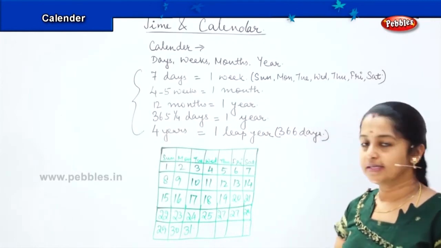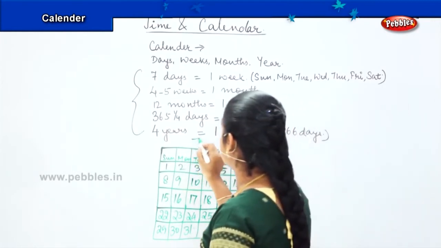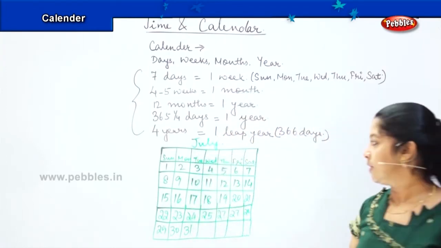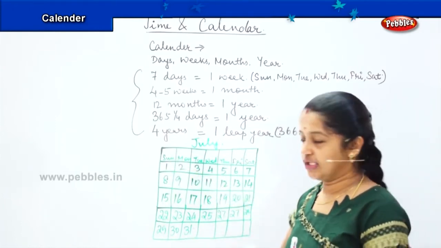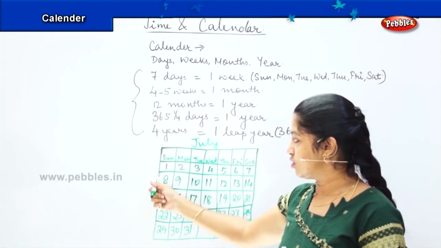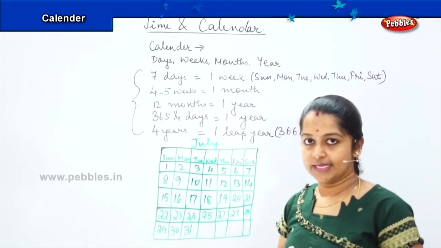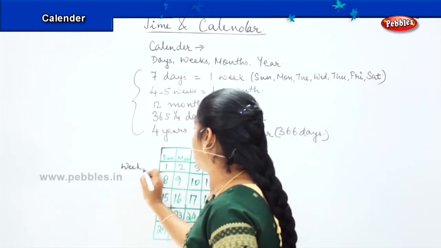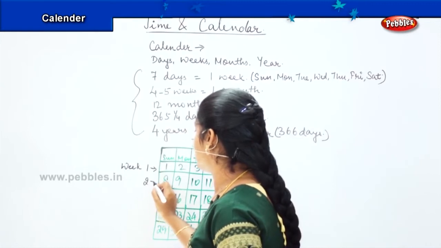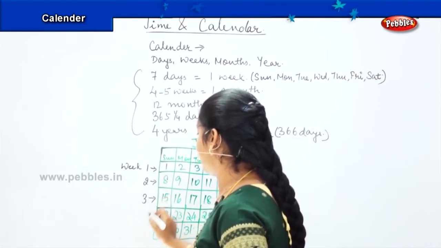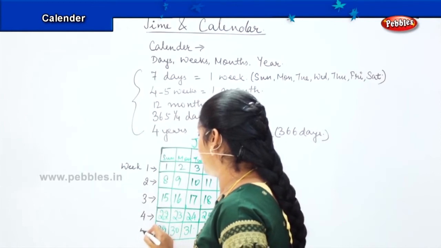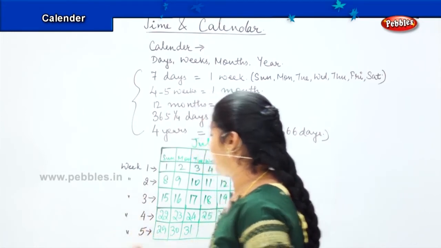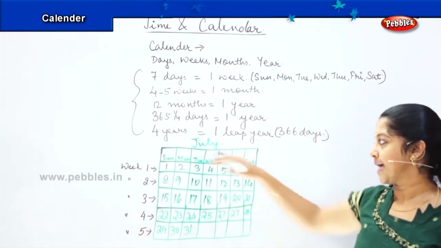Okay, so which month is it? It is the month of July, right? Say for example, I write it in the month of July. So how many Sundays do I have in July? See here, 1, 2, 3, 4 and 5. So I will write here as weeks: week 1, week 2, week 3, week 4 and week 5. Okay. So I have divided it into weeks and days.